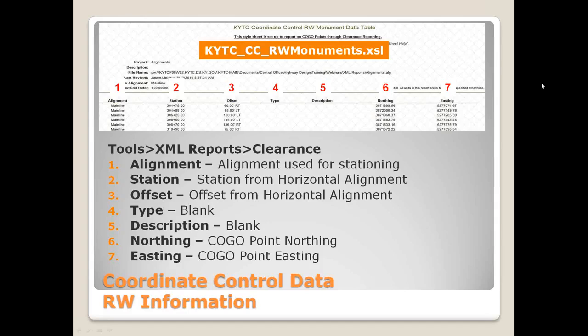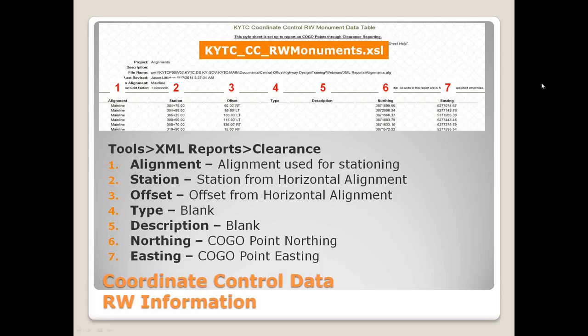And then the alignment column is telling you which alignment it's pulling the station and offset from. And then you have the station and offset, which are calculated based off the horizontal alignment. The type, whether it's a type 1, type 1A, type 3, type 3A right-of-way monument, we leave that blank because the COGO point doesn't have any mechanism to put that information in at this point.